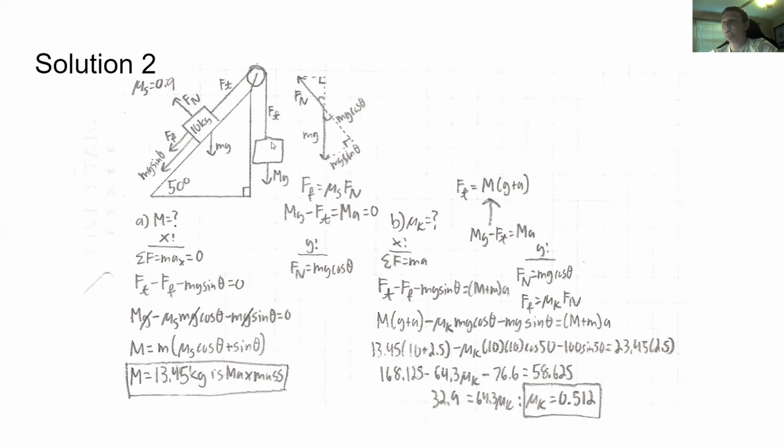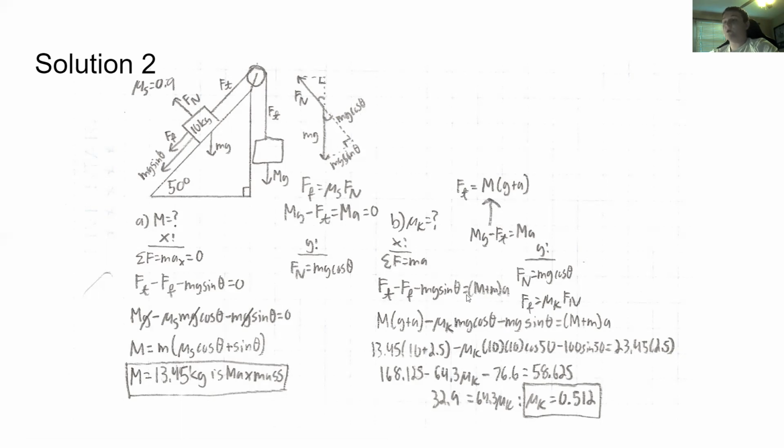So now B, what is mu kinetic? Since this right here is now moving, because it's kinetic, mg minus force of tension is going to equal big Ma. So right here, it simplifies to m times the quantity g plus a. That will go back into our original equation that we stole from here. Force of tension is that. Force of friction is going to be mu kinetic, that's the only difference.